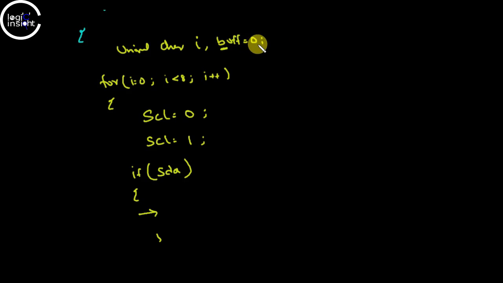Initially the buffer is 0, which means all the 8 bits are 0. If our data is something like 1010 1100, except these places, the remaining are all 0, which means I'm checking only once. If I got 1, I'll replace the 0 there with 1. If I got 0, I'll do nothing because the default value is 0.